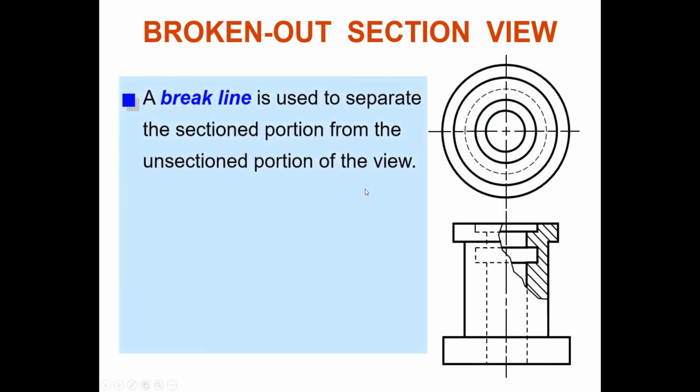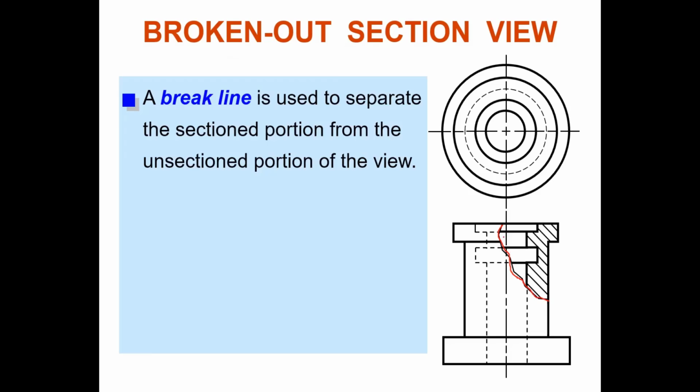Okay, break line is used to separate the section portion from the unsection portion of the view. Break line. Okay, this is still broken out section. This is the break line. What are we talking about with this break line? You draw this. This is not a curve, right? This is a straight line. Can use your hand, because you do manual drawing.